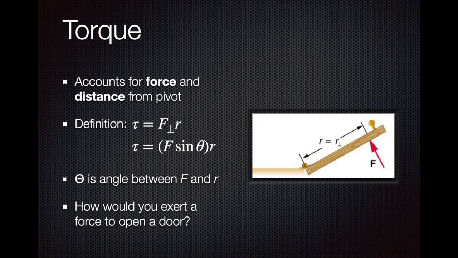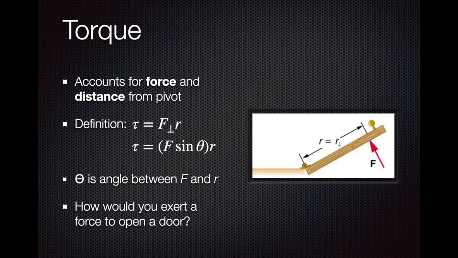In this picture, the force appears to be exactly perpendicular to the moment arm, which means it's perpendicular to the door itself. That perpendicular component can be found by taking that force times the sine of the angle between the force and the moment arm or the lever arm.